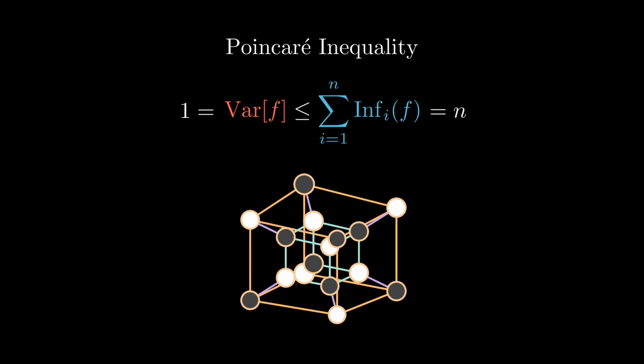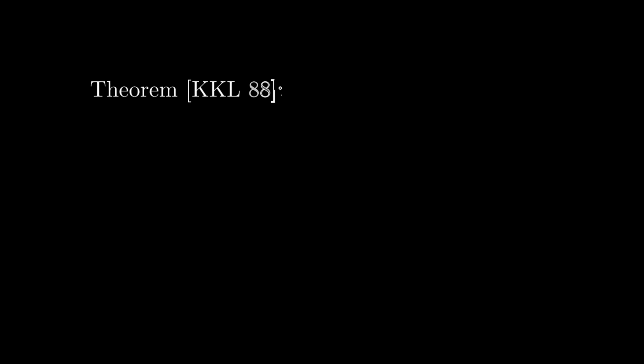So the question is, can we do better than Poincaré's inequality for Boolean functions? And although I am just a pre-recorded voice, I can already see some of you in the audience nodding, and the answer is indeed yes. Perhaps the most famous strengthening is the KKL inequality, proved by Kahn, Kalai, and Linial in 1988.